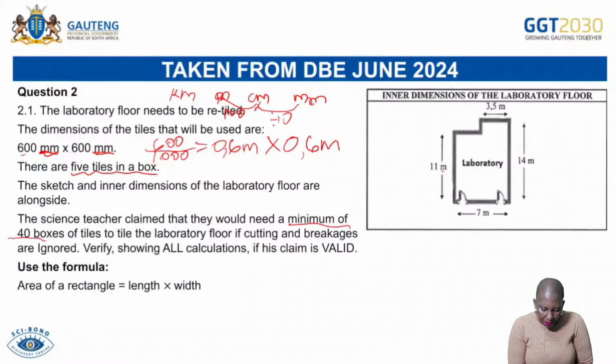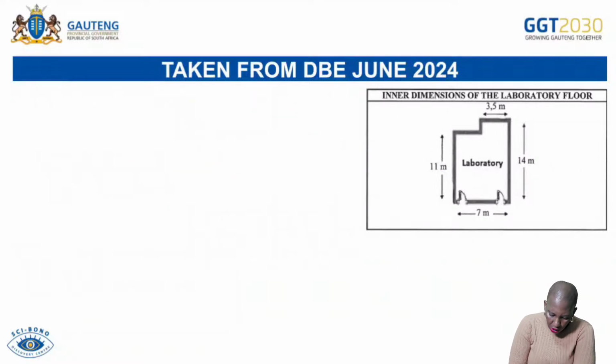If cutting and breakages are ignored, verify, showing all calculations, if this claim is valid. And they say use the formula: the area of a rectangle is the length multiplied by the width. And then quickly let's do this one. Remember now we have to calculate the area of the floor. For us to be able to calculate the area of the floor, it will be simple.